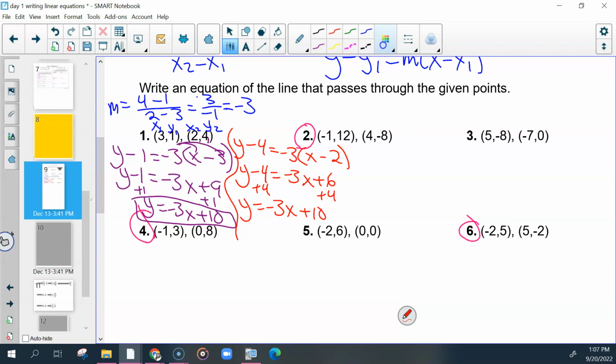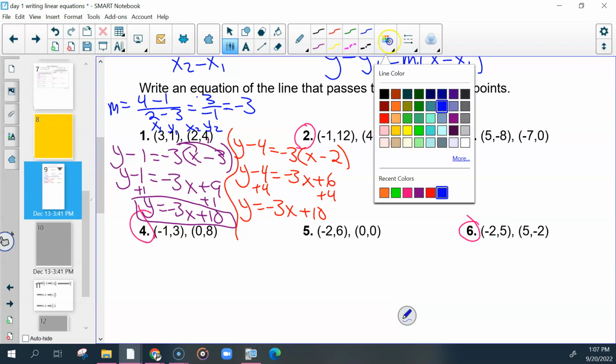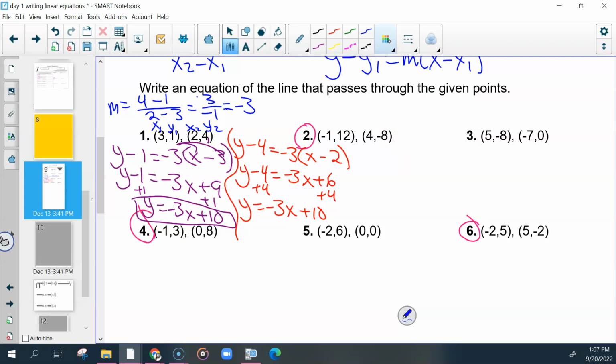Alright. So I'm going to skip to number 3. Same process. So we would need to find our slope first. So this would give us 0 minus -8 over -7 minus 5.